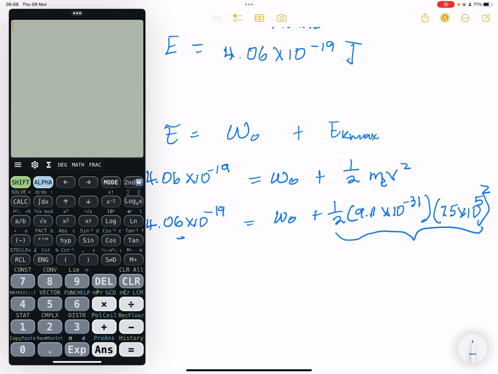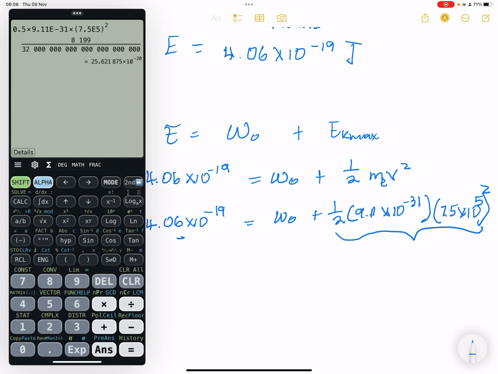Let's calculate that separately. 0.5 multiplied by 9.11 exponent minus 31, that's the mass, multiplied by, in brackets, 7.5 exponent 5, and this would be squared.